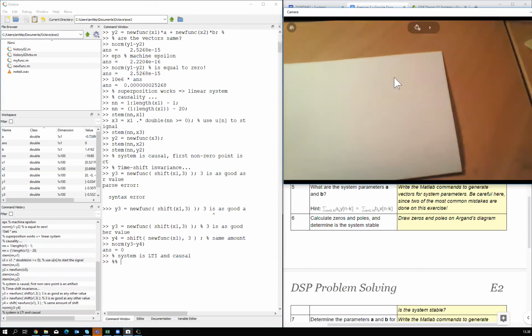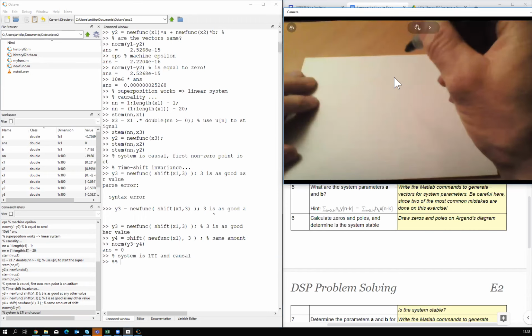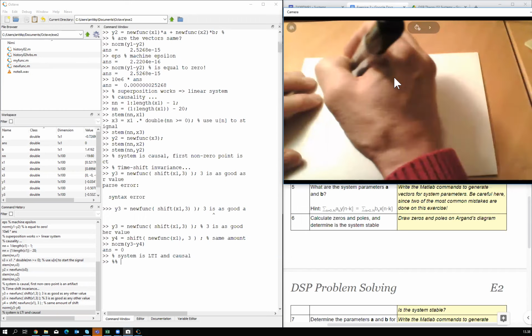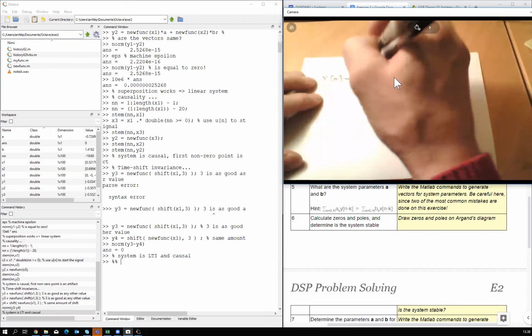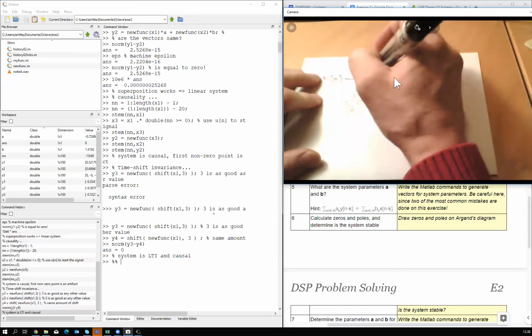Okay, an example system that I already know the answer to. X of n coming in, and then we have, let's make a 5th order delay here, multiply by 1/5.